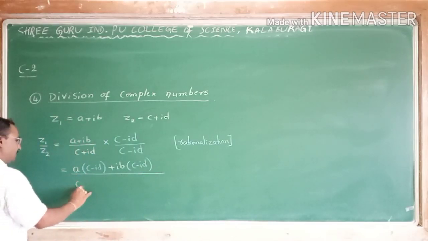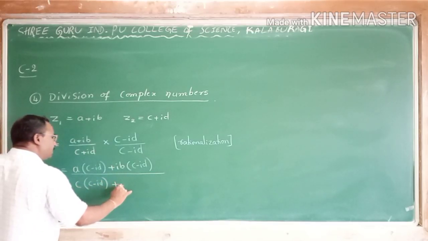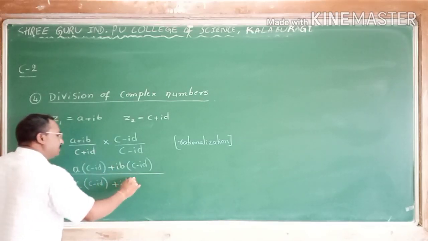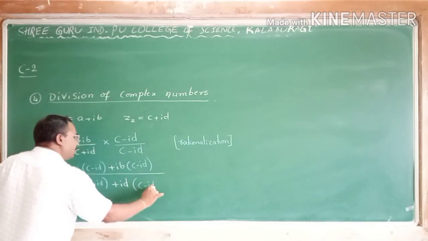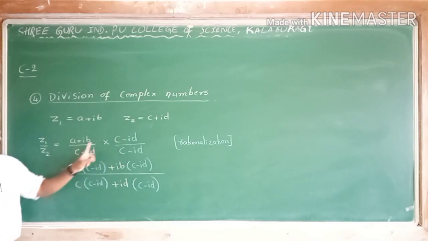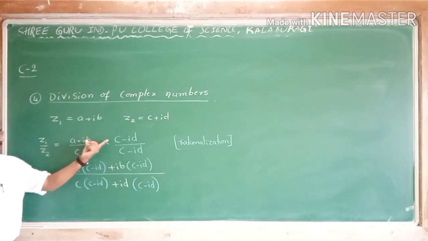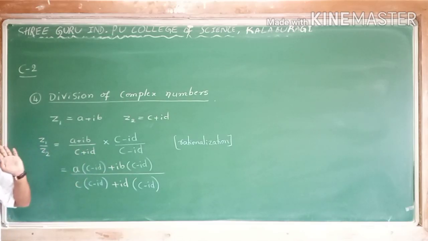Denominator is c times (c minus id) plus id times (c minus id). Any doubt? That is a very important point. Division of complex numbers: rationalize the denominator, c plus id becomes c minus id. Product of numerator, product of denominator.